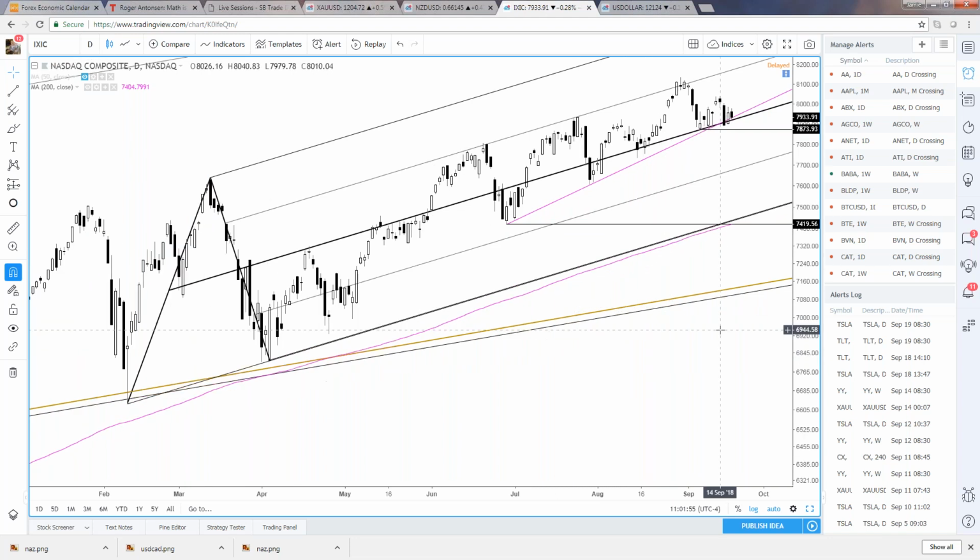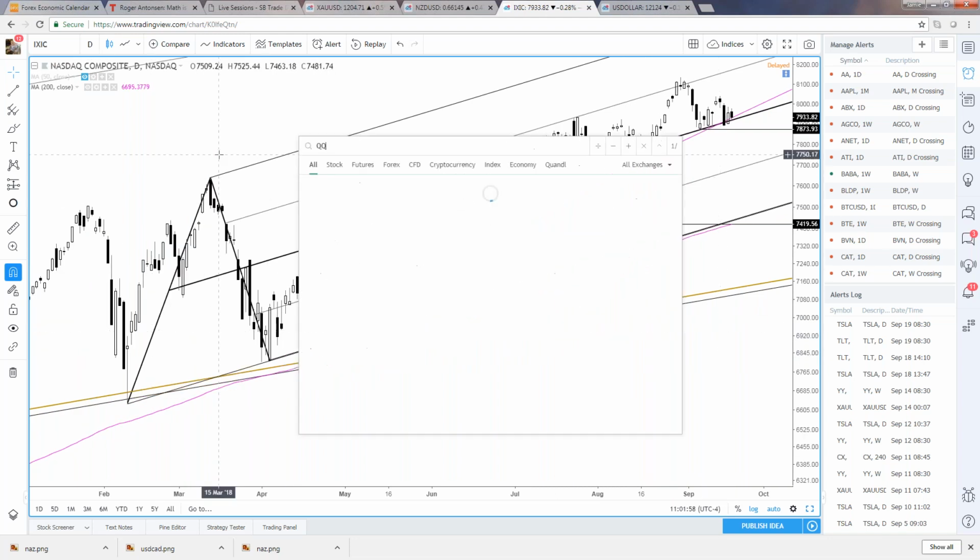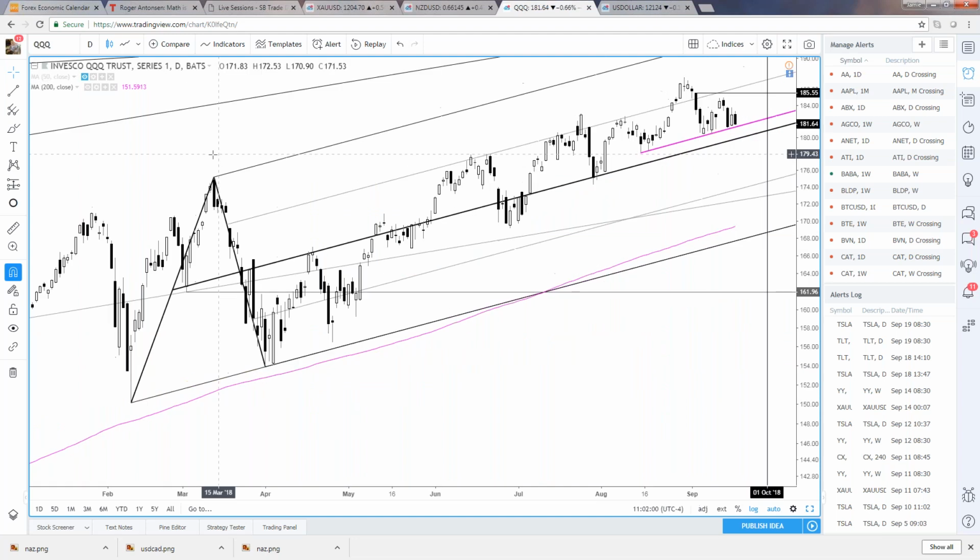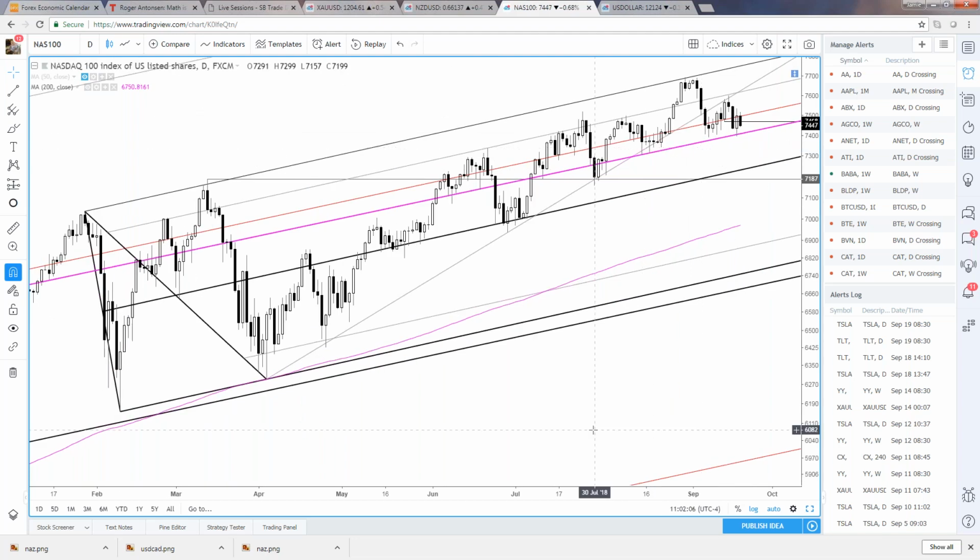This is the NASDAQ composite. So a lot of times we'll look at the Qs, which is the ETF, or look at the CFD, which is the NAS 100, which would be more similar to the NASDAQ 100, which is the futures on the NASDAQ 100 index.